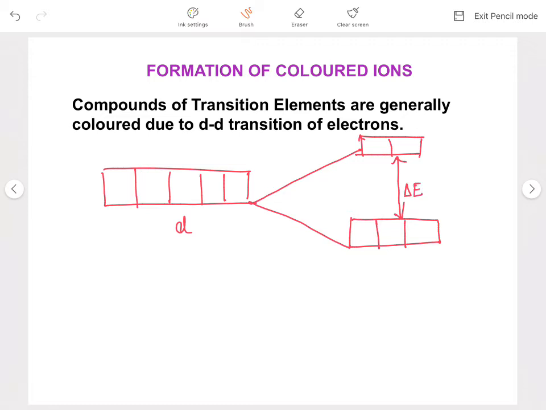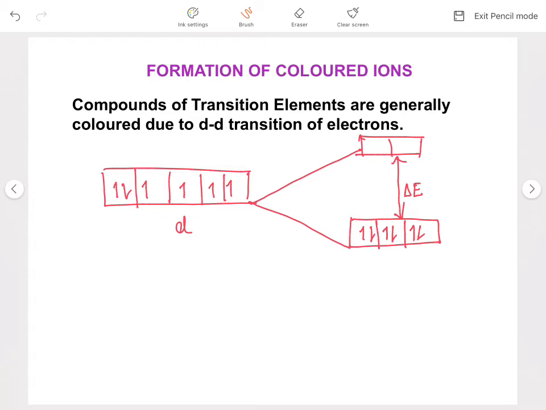So suppose there are 6 electrons present as in the case of iron. We have these 6 electrons in the lower energy set like this, because they follow Aufbau principle here also. So lower energy orbital is filled first.